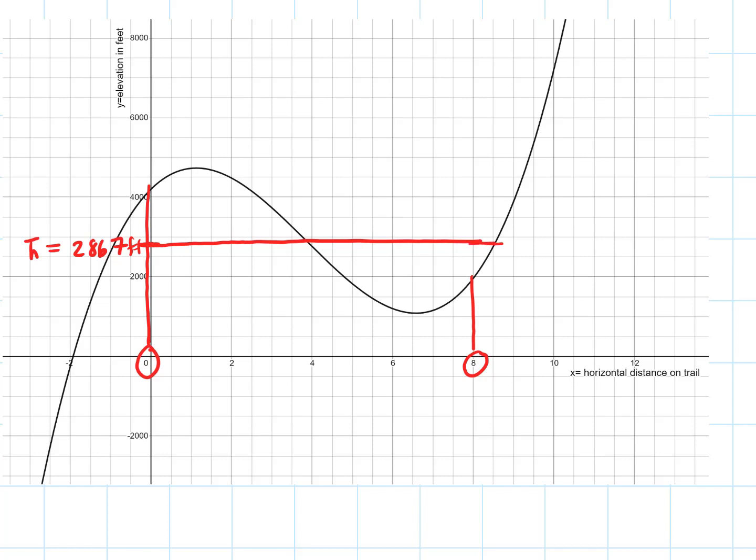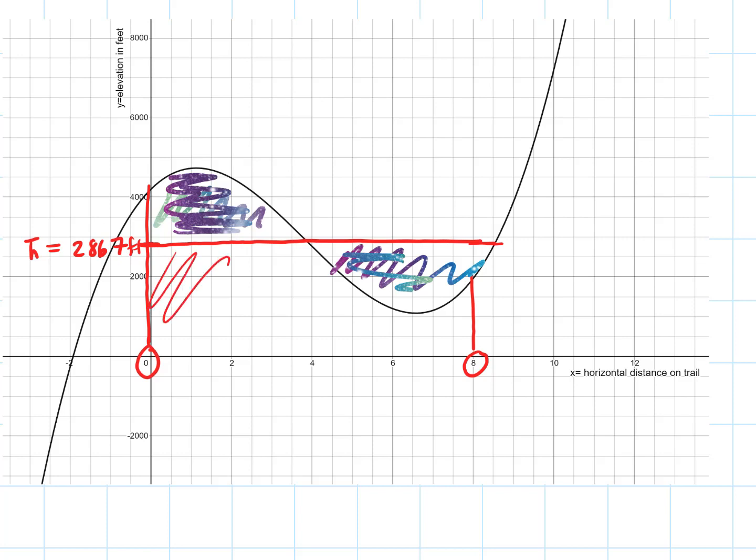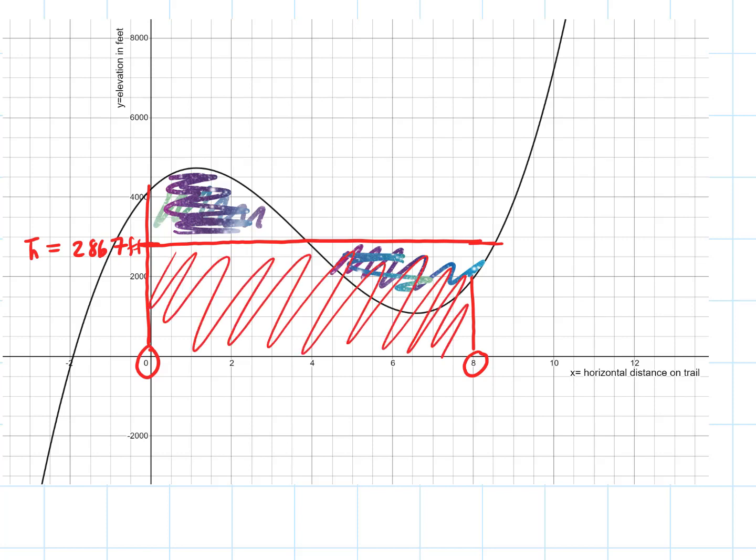In some ways you can think of this area as settling in and filling in the area below. This graph has some nice symmetry, and we can see that area coming in and filling in, settling almost, to make a solid rectangle of average function value.